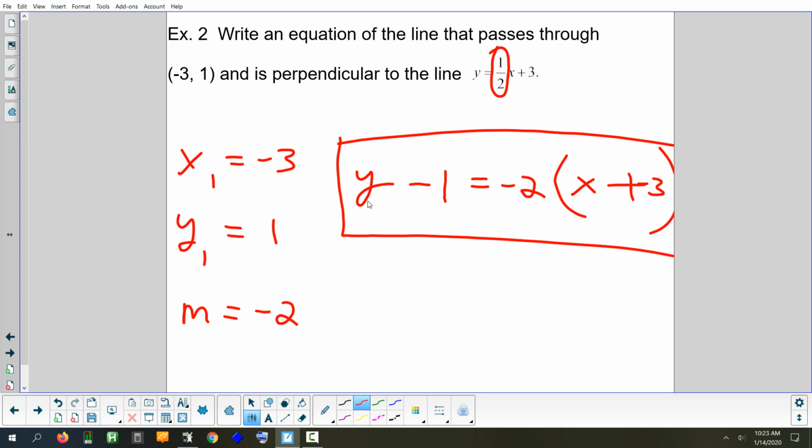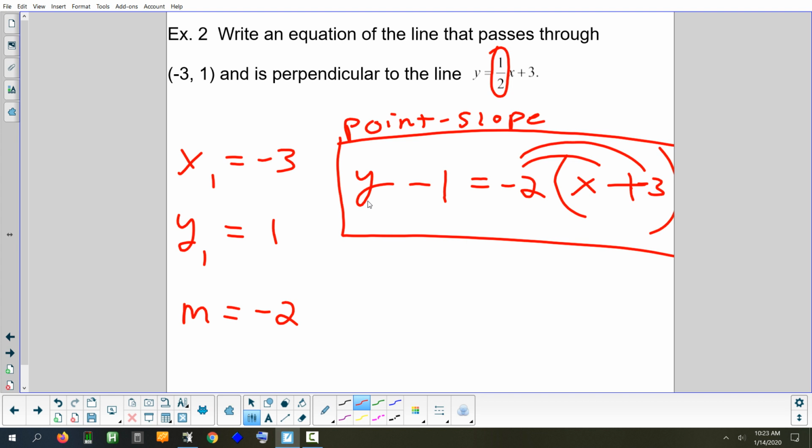Okay, so this is point slope. Who can tell me my next step to get it to slope intercept? Two things. We got to do one of them first, though. Yep. And what am I going to distribute? -2. Now that could be a fraction. If it's a fraction, just use your calculator if you get stuck. Does distributing it do anything to the left side?